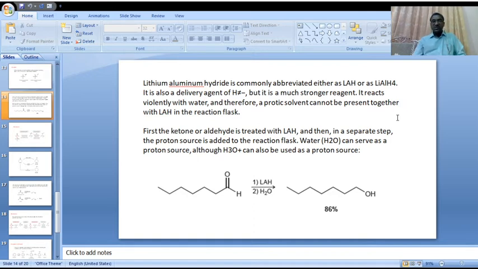But it is a much stronger reagent when compared with sodium borohydride.